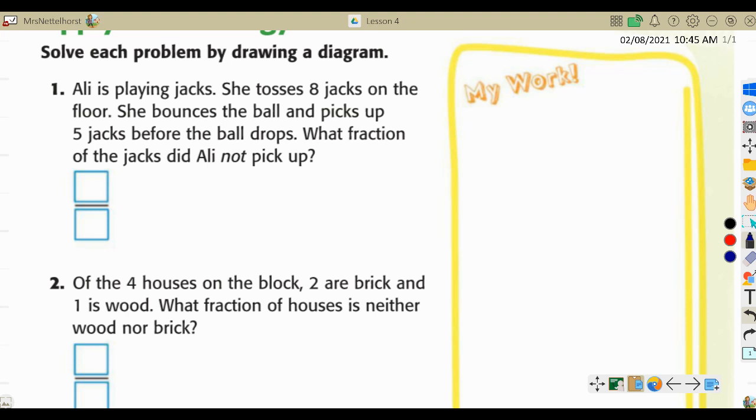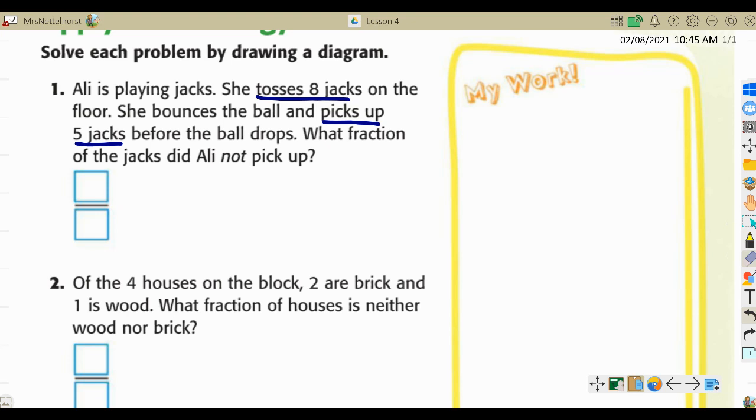Okay, so I'm going to mark up my word problem. She's playing jacks. She tosses 8 jacks on the floor. So that's her total. She bounces the ball and picks up 5 jacks before the ball drops. Now, what I need to know is how many did she not pick up?